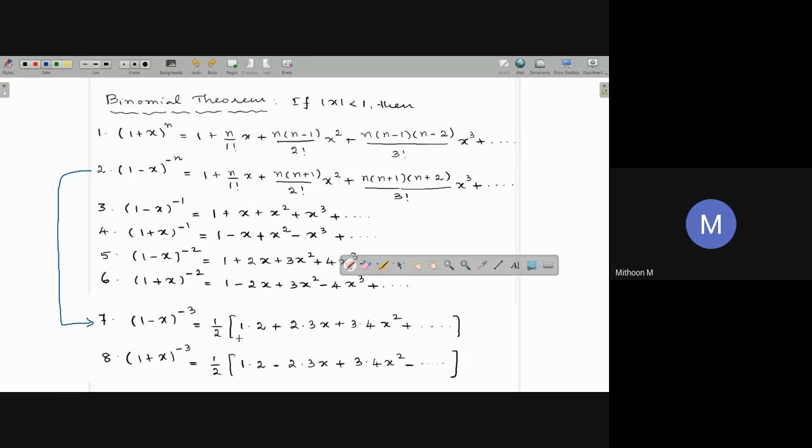Simplified, sir. Simplified, and also you can easily tell the coefficient of x power n. Is it correct? Here also you can tell. But what is the coefficient of x power n here?